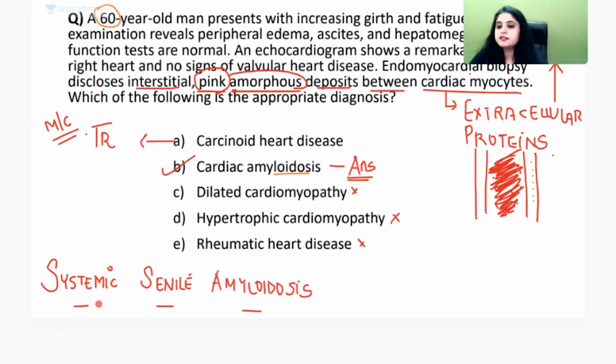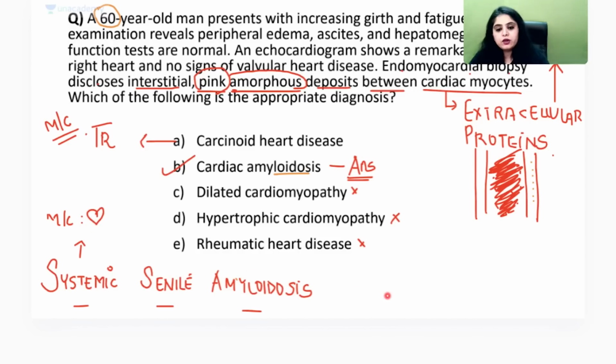But systemic should involve many systems, absolutely it can. You never know that the hepatomegaly has some relation. As of now, I know that there is a remarkably enlarged right heart because the most common organ affected in systemic senile amyloidosis is the heart. Other organs are affected or not? Could be, but the heart is most common.